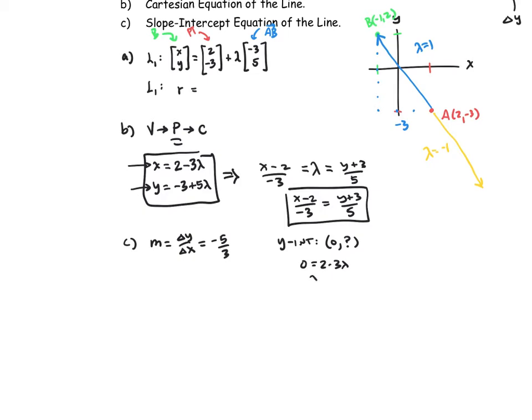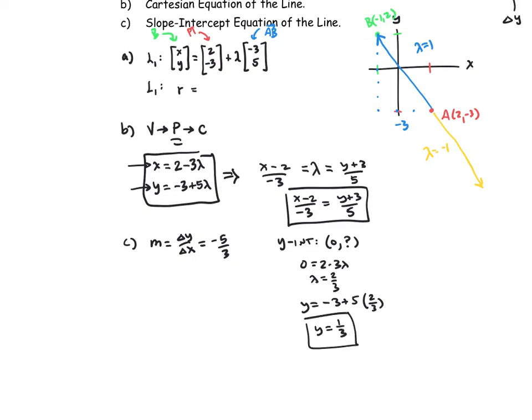That tells me that lambda equals 2/3 when x equals 0. Well, if lambda equals 2/3 when x equals 0, what would y equal when lambda equals 2/3? So I'd plug in 2/3 for lambda and solve. Well, this would be negative 9/3 plus 10/3, so it looks like y would equal 1/3.